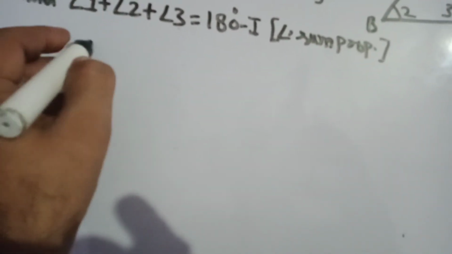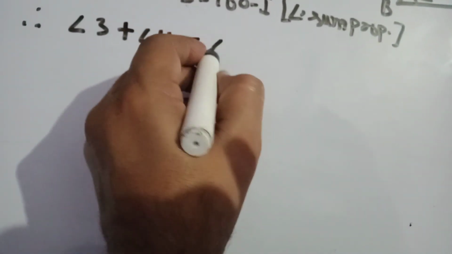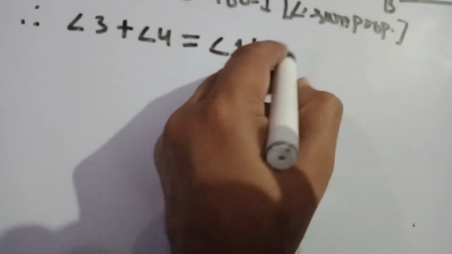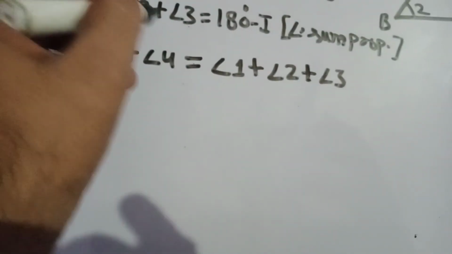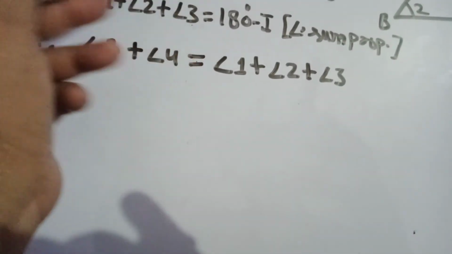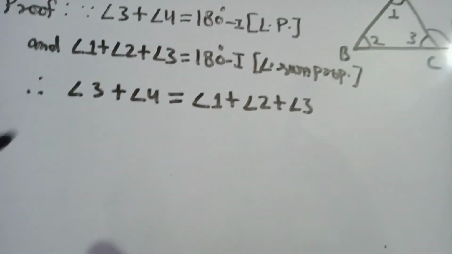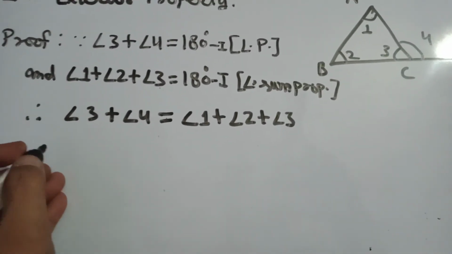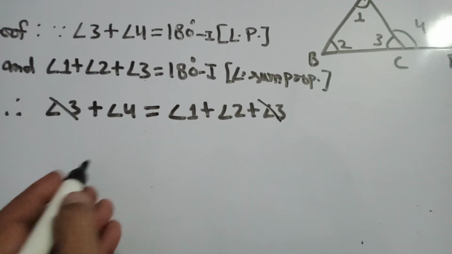Therefore angle 3 plus angle 4 is equal to angle 1 plus angle 2 plus angle 3, because both sides are equal to 180 degrees. Now cancel the same angle, angle 3 and angle 3.